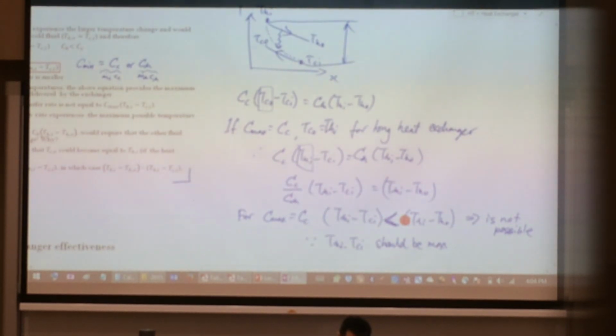And that's why your Qmax can never be equal to this form, but rather is equal to Cmin multiplied by Thi minus Tci. That is your Qmax expression.